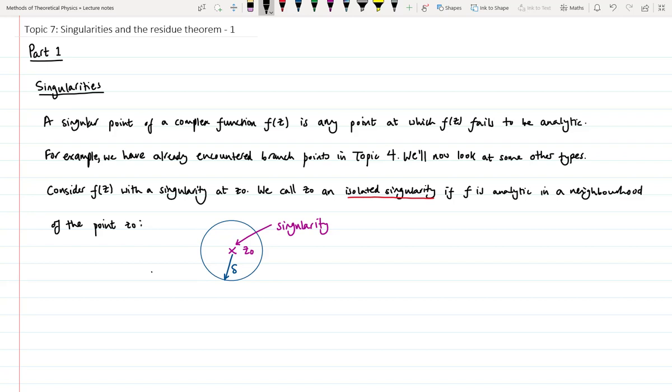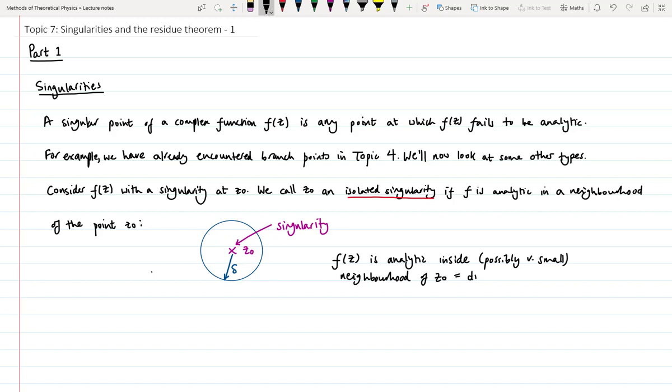And we say that z0 is an isolated singularity if f(z) is analytic inside the possibly very small neighborhood of z0.